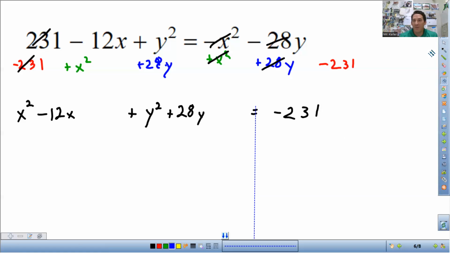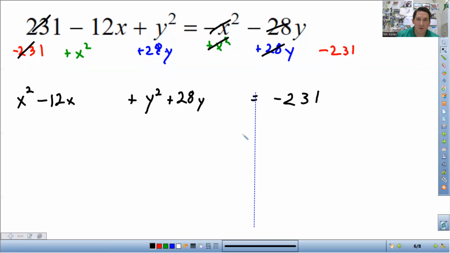All right, so now I can find my c values that complete the square. I'm going to add a c value here. I have to add it to the other side. I'm going to add a c value here. I have to add it to the other side.